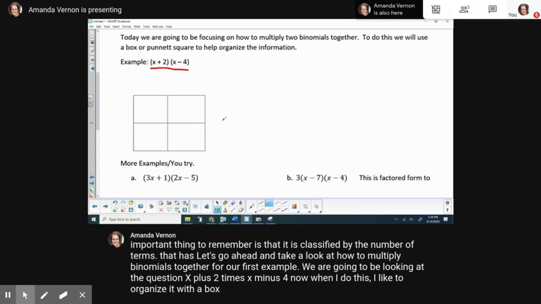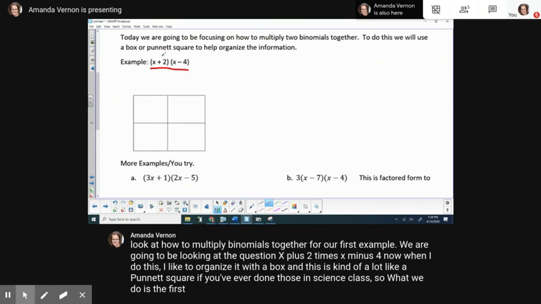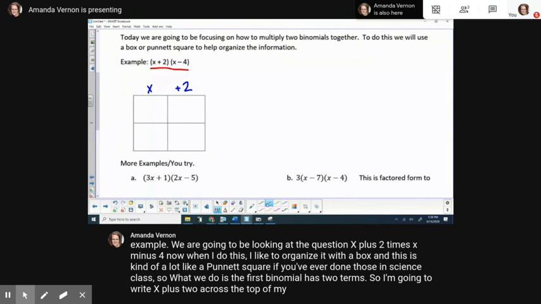This is a lot like a Punnett square if you've ever done those in science class. The first binomial has two terms, so I'm going to write x plus 2 across the top of my box. Next, I'm going to write x minus 4 down the side of my box.